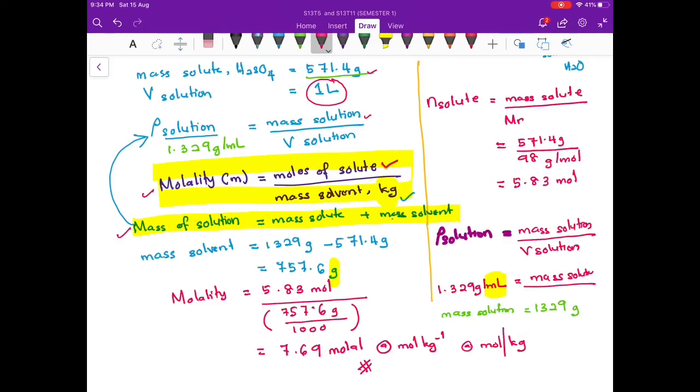And finally, don't forget to put the unit of the molality. Another thing that students always make a mistake on is they forget to convert the mass of the solvent into kilogram. If you straight away insert the value 757.6 gram, your answer will be wrong.